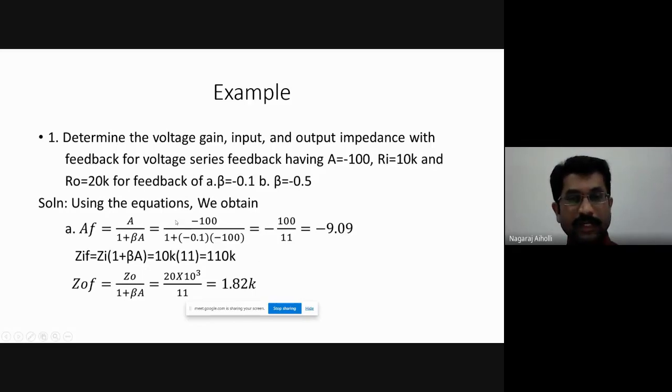Fine. Similarly, next for the second part of the example, beta is equal to minus 0.5. Find out the values of AF, ZIF and Z0F. The formula remains the same. Tell me the values.